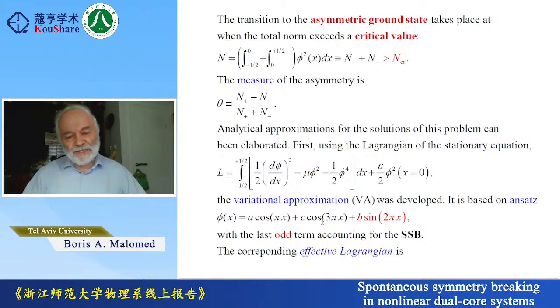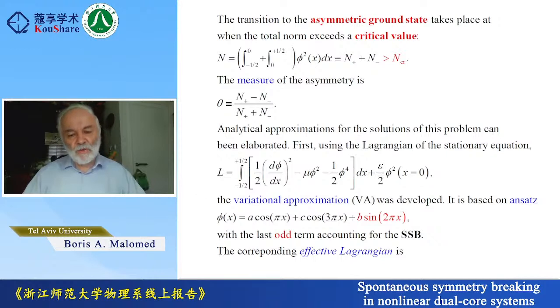It does not take into regard the presence of the jump, but nevertheless, it makes sense to analyze this ansatz and see what it will predict, because what we should really try to predict, even if we cannot exactly take into regard the presence of the jump, is the transition from symmetric to asymmetric solutions. And as we will see, although this ansatz is not very accurate, it makes it possible to predict this phenomenon.